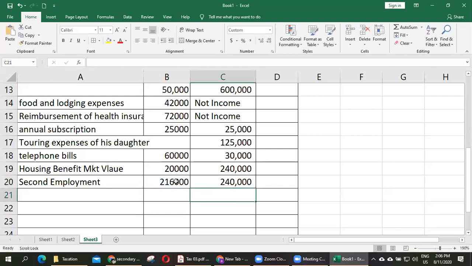Therefore, second employment income is 240,000, right? 240,000. If you have any doubt, you can ask here. For example, 240,000, deduct 10%.